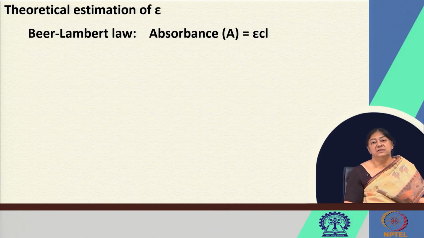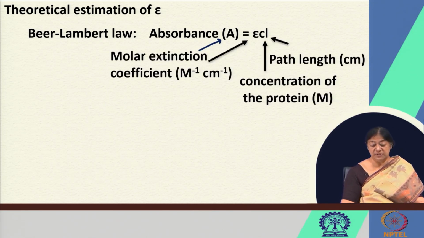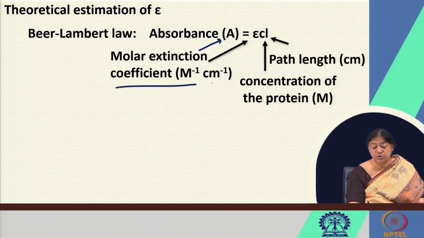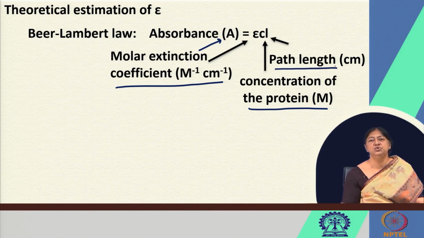We look at the Beer-Lambert law, which you have probably studied already, where from the absorbance value we can determine the molar extinction coefficient of a specific solution, given that we know the concentration of the protein that has been taken and the path length, which is usually 1 centimeter for the cuvette used in the machine.